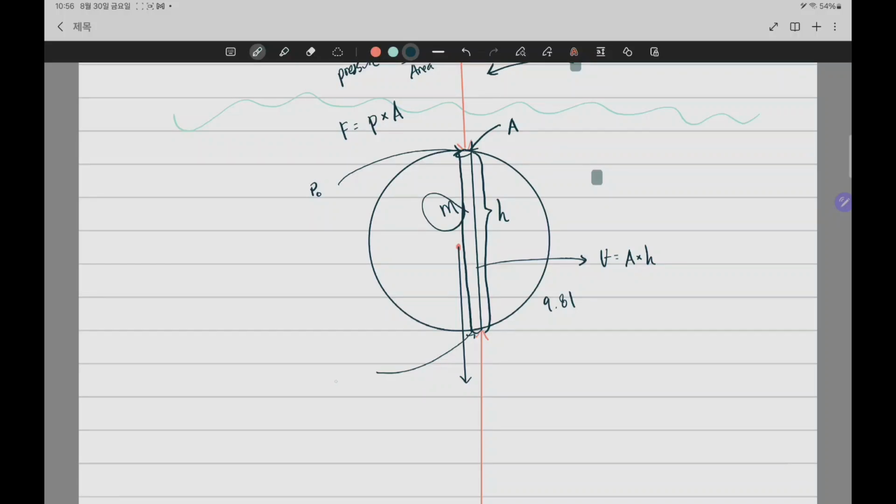Well, that pressure would be P0 plus something. It should be larger because it's deeper underwater, and the value of that is actually rho g h.